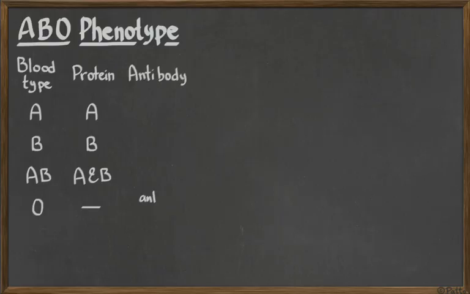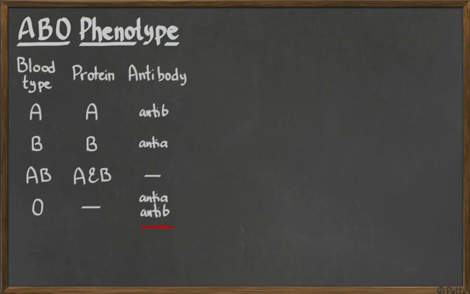However, there is a catch. If you are of a certain blood type, you don't produce antibodies against that blood type, but you produce antibodies against everything that you don't have. For example, O blood type, they don't have immunoglobulin, so they produce antibodies anti-A and anti-B.